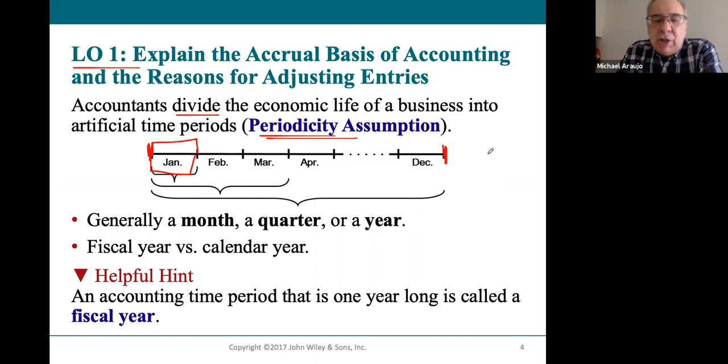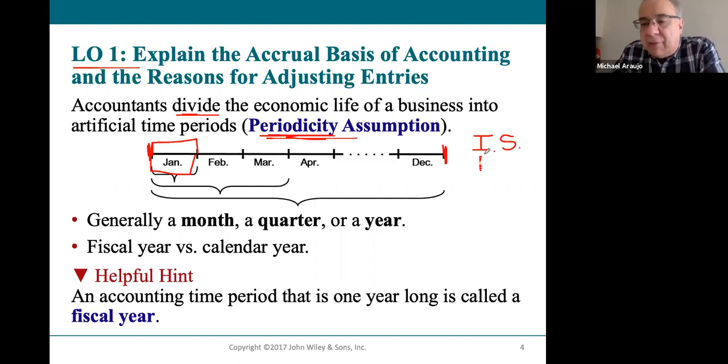Okay. So the periodicity assumption, because it looks at the assumption that we have to divide the economic life into months and quarters and years, really applies to the income statement, right? The income statement shows us the profit and loss for a month, for a quarter, and for a year.